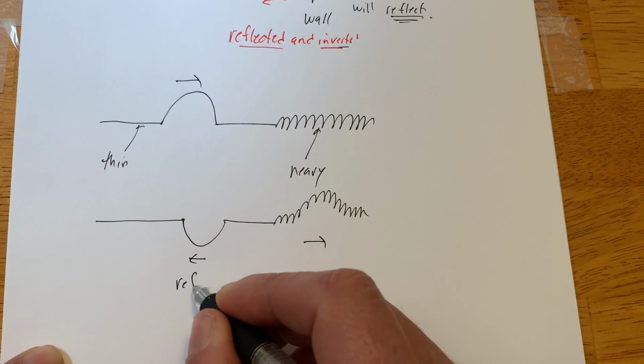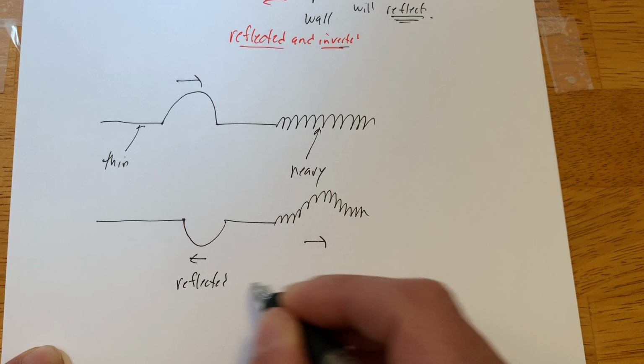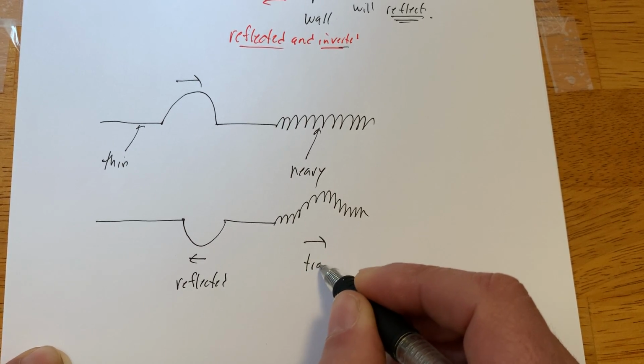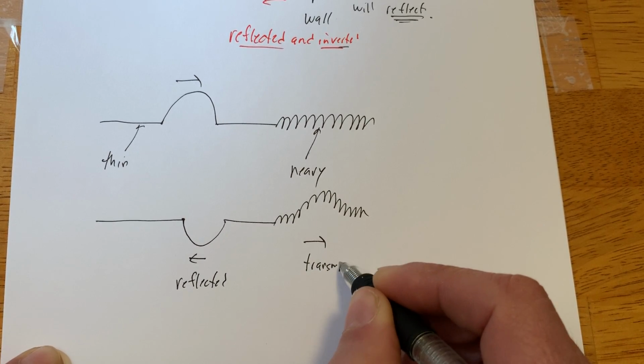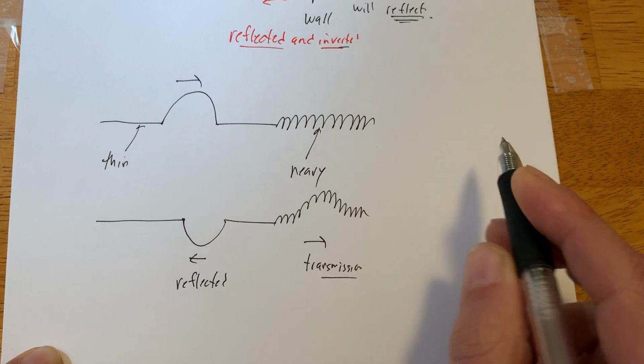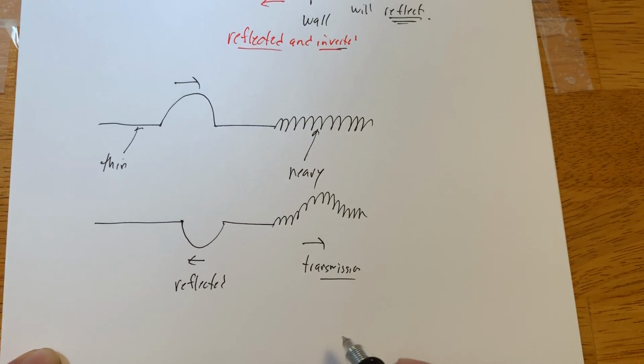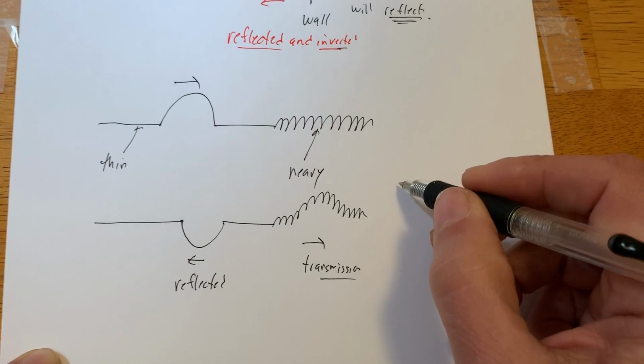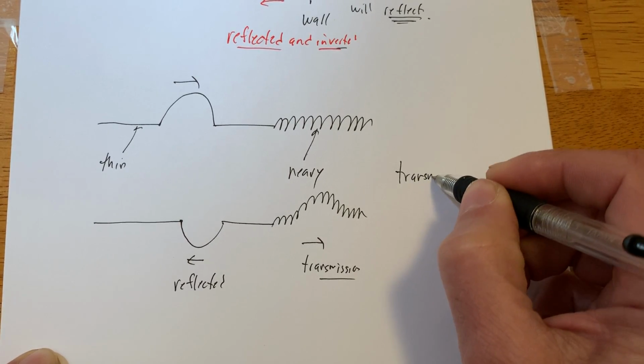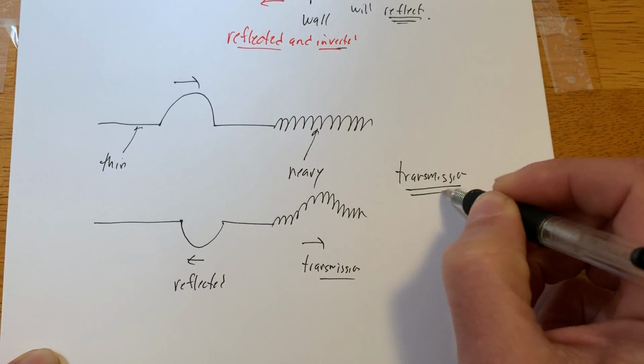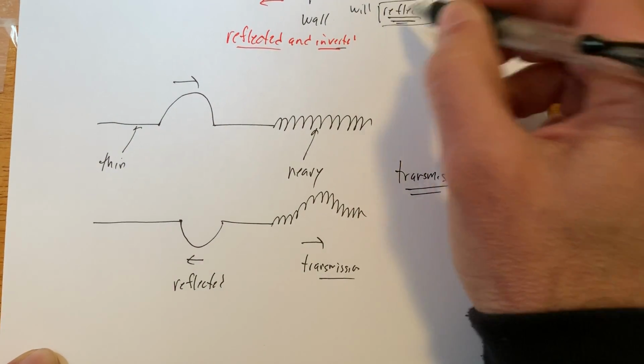So this would be my reflected part, and this would be my transmission. So what else happens? All waves, when they hit boundaries, we get transmission. So one, we get reflection.